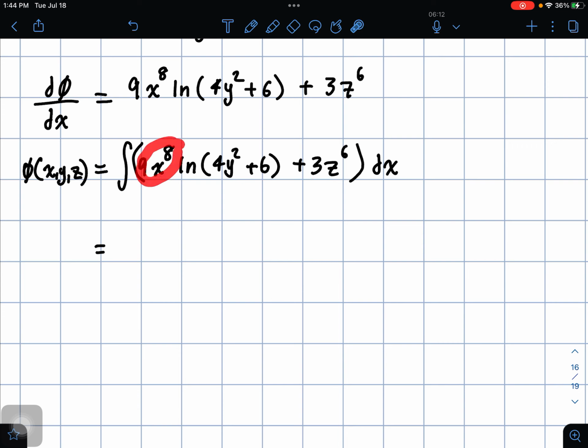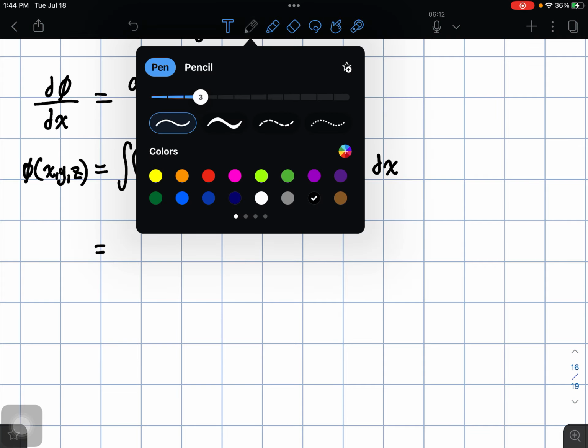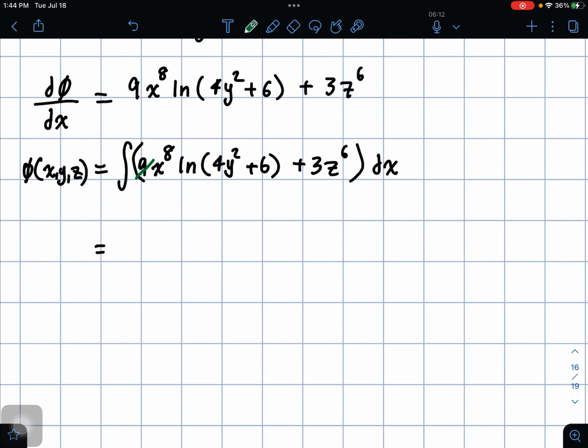If you integrate this, we get x, you add 1, so that's 8 plus 1, which is 9, and you divide by 9, so this actually cancels out, right? So we get x to the 9. Again, this is constant, so we're just going to leave it like that, plus 6. And then here we just have a constant, so we just add an x.